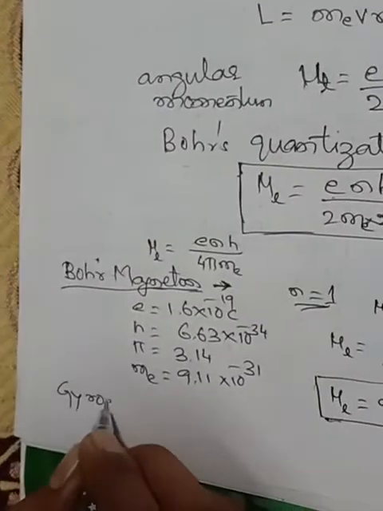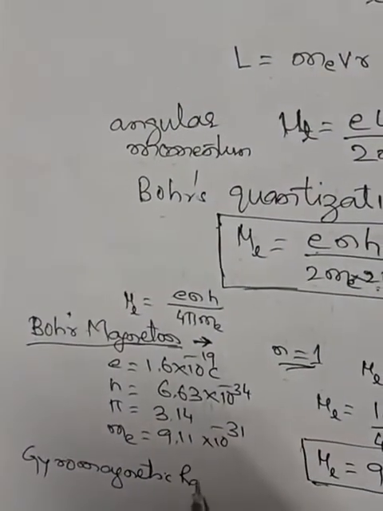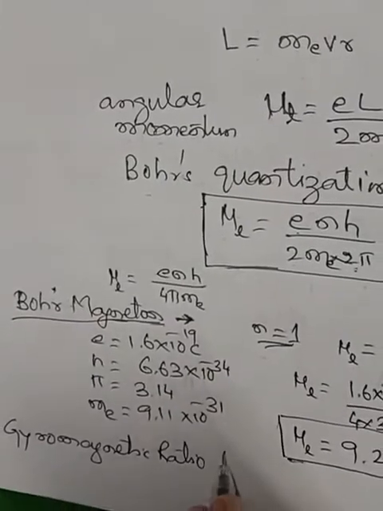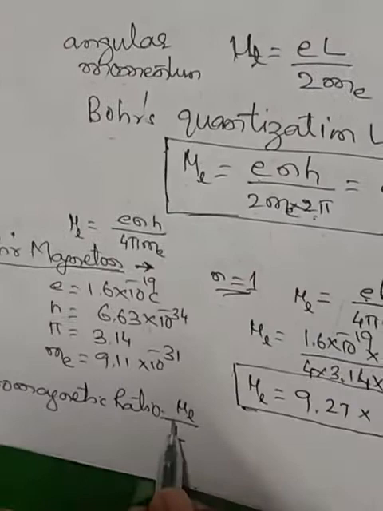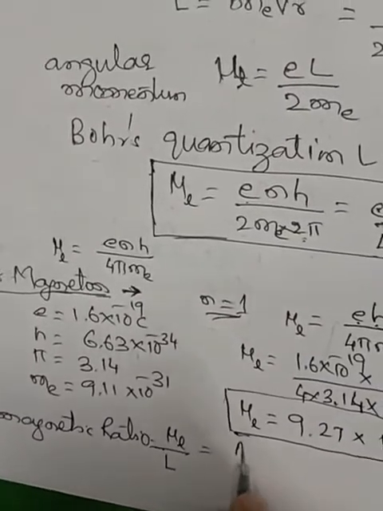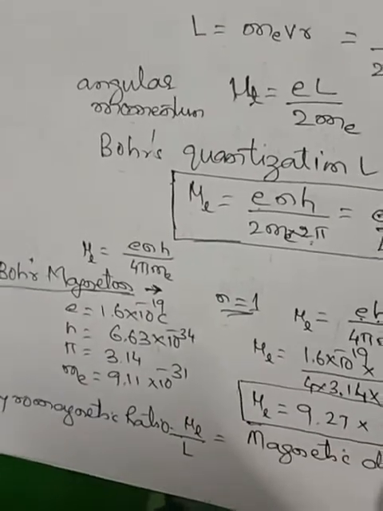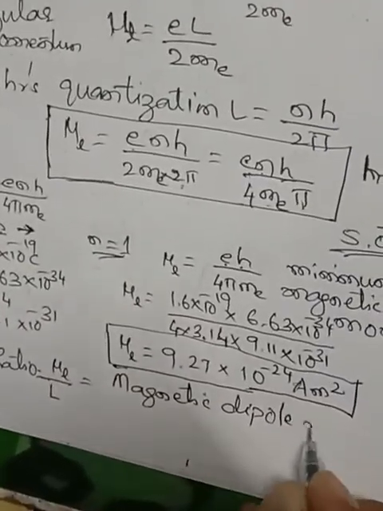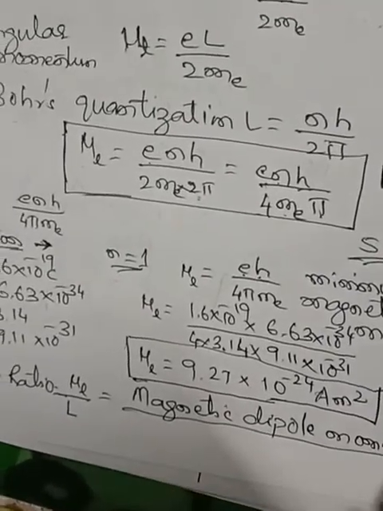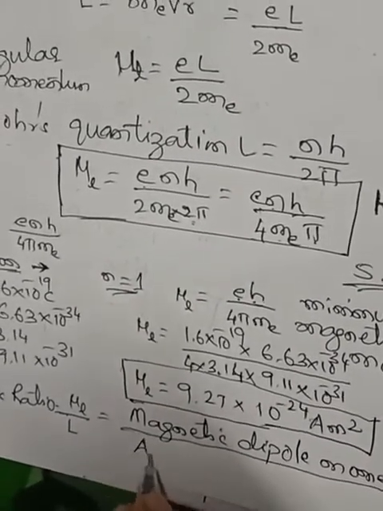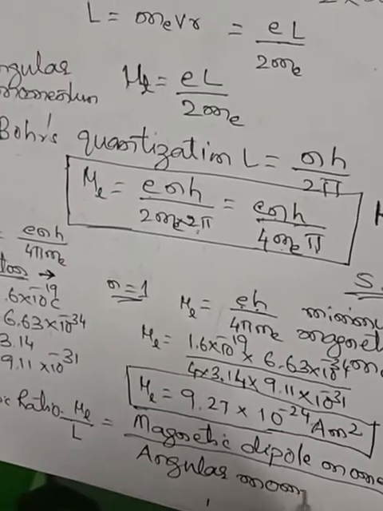Next is the gyromagnetic ratio. What is gyromagnetic ratio? Mu L divided by L. What is mu L? Magnetic dipole moment, divided by L, which is angular momentum.